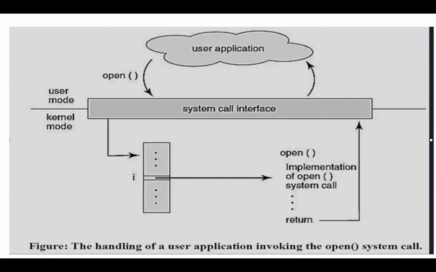At this time, control will switch from user mode to kernel mode. The kernel will take over and perform the requested action. Here the open system call is implemented, and after its implementation, control returns to user mode. This is how the user process asks for help from the OS service.